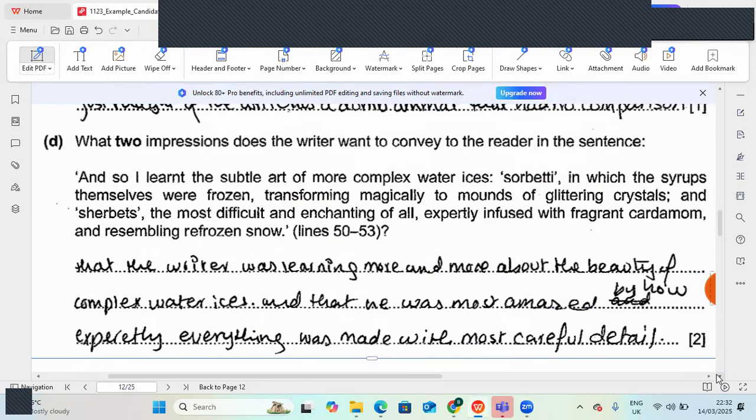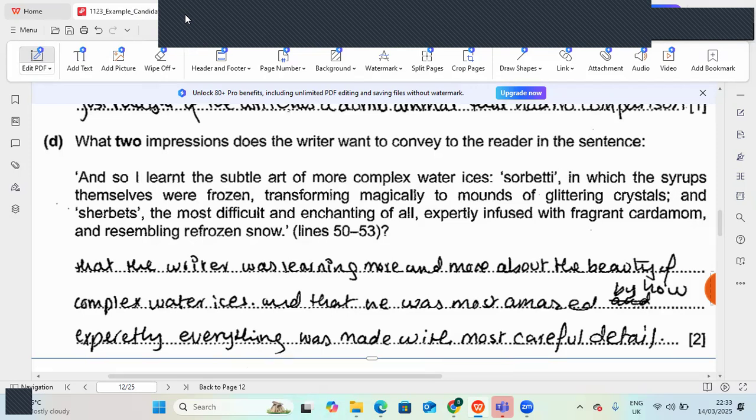Now let's go to question 2D. It says, what two impressions does the writer want to convey to the reader in the sentence? The first thing, we need to understand what the word impression means. Can anyone tell me? Please unmute your mic. I feel like I'm talking to my screen only. Mariam, what does the word impression mean to you? Or maybe Fatma can answer.